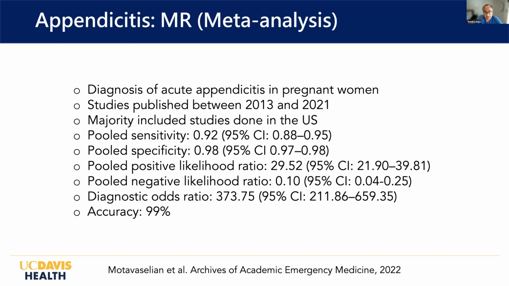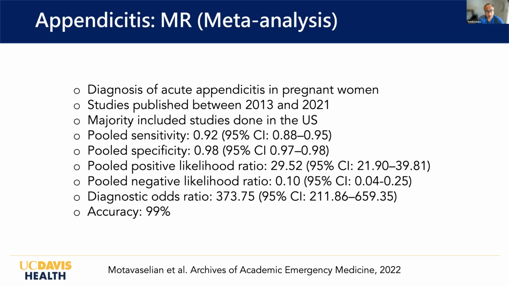So there are lots of studies in the last few years, and this meta-analysis looked at published studies between 2013 and 2021. I like this meta-analysis because in this time range, most scans have been done on MR scanners that are 1.5 T. And also the majority of studies included in this meta-analysis were done in the United States.